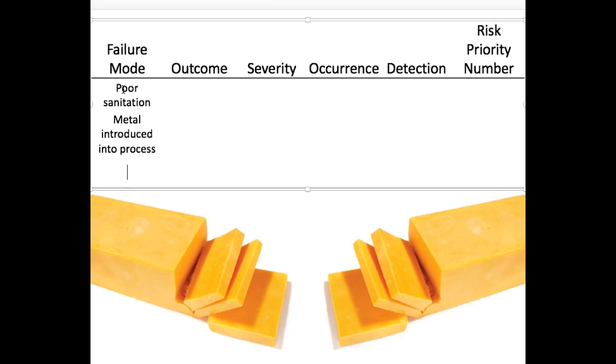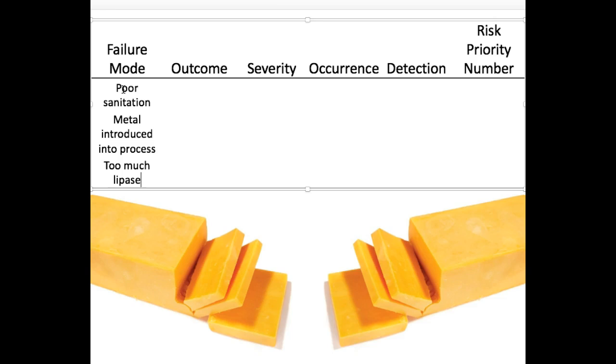There we go. And for rancid, rancid is caused by a lot of things, but generally you have too much lipase in your cheese from some kind of source, whether it's bacterial or a chemical source. That's what happens. Okay, so remember, our failure modes are not our failures. They're how the failures happen.